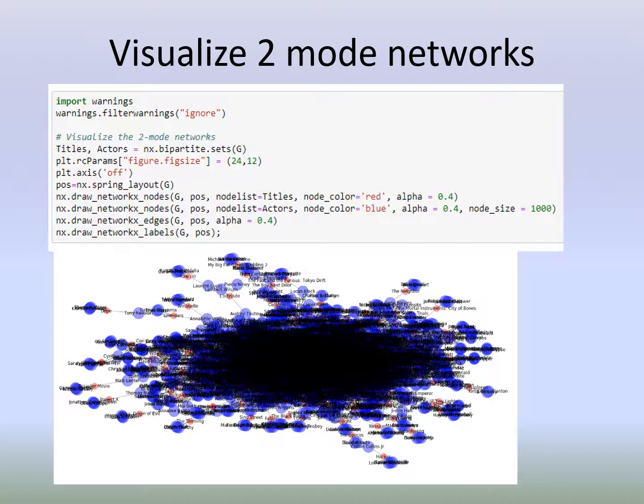The graph is quite busy. The blue ones are the actors' names, and the red ones are the movie titles.